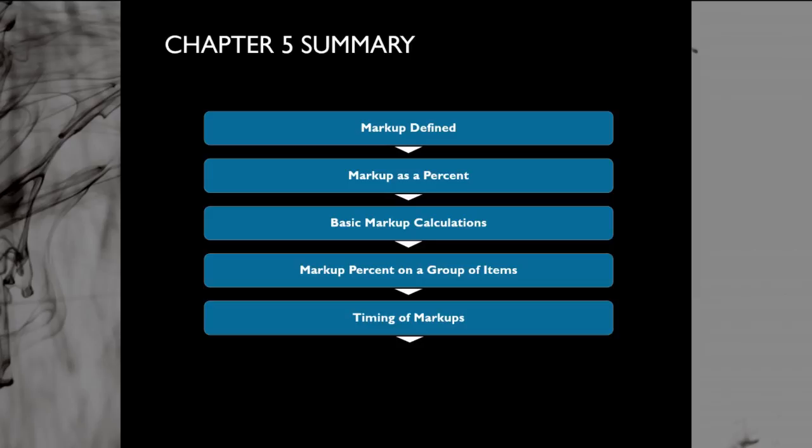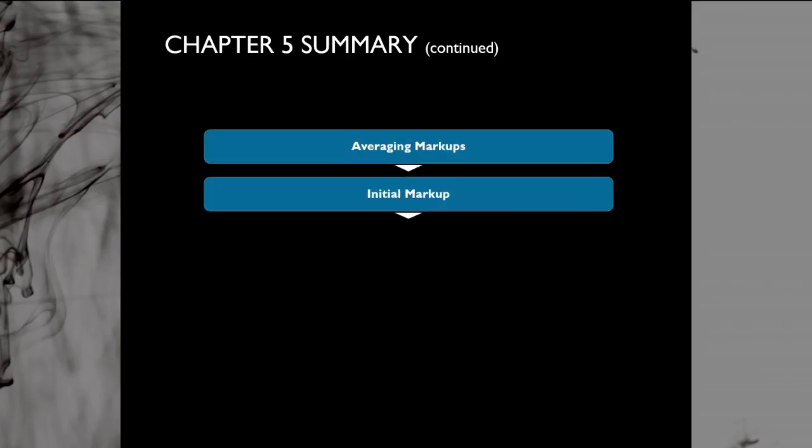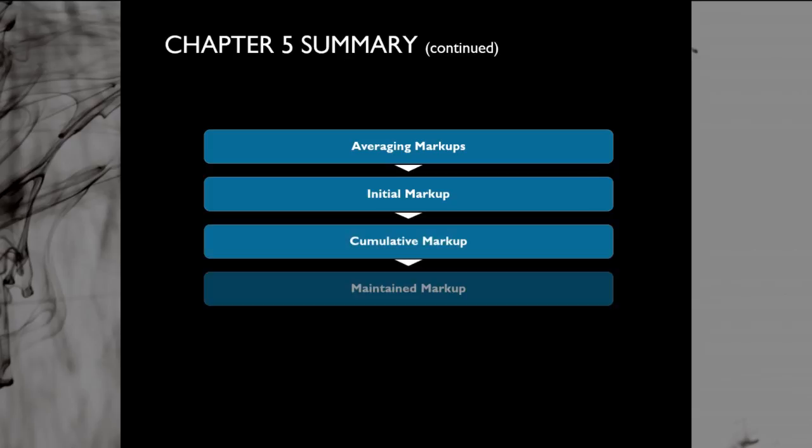If you're working for a company, it's not just dealing with one item. And you also learned the timing of markups: initial markup, cumulative markup, and maintained markup. And you also learned averaging markup. And then we talked about these three different markups, initial, cumulative, and maintained markup, based on the timing of the markup.